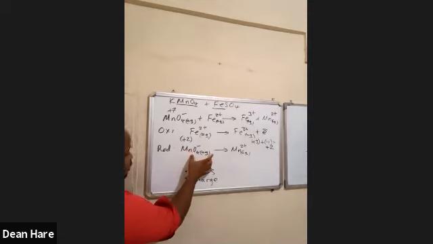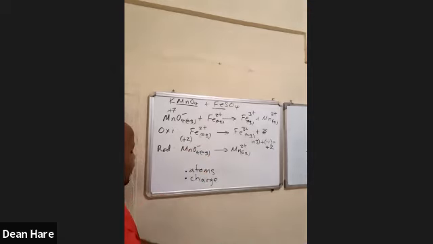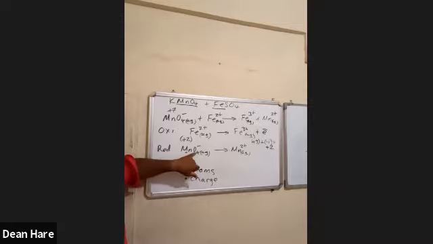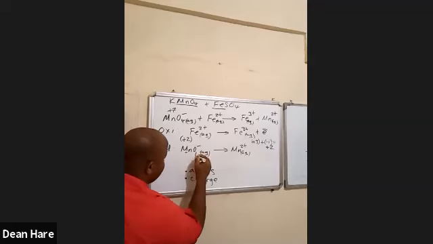Now let us go to the reduction half equation. How many atoms of Mn do we have on this side? One. And how many do we have on this side? One. Right. Now, how many oxygen atoms do we have on this side? Four. Let me write it quickly.